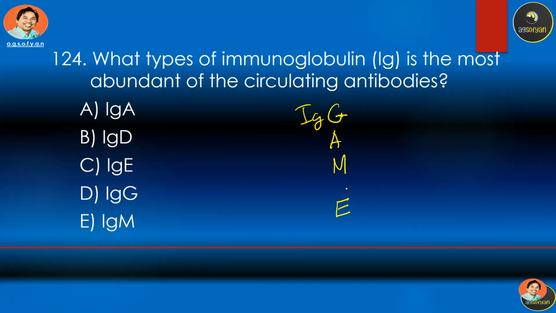But before E, there is D. So IgG, IgA, IgM, IgD, and IgE. That's the sequence of antibodies based on abundance. So IgG will be the most abundant one.